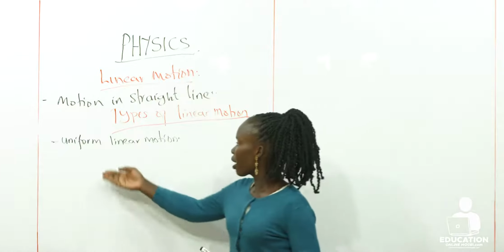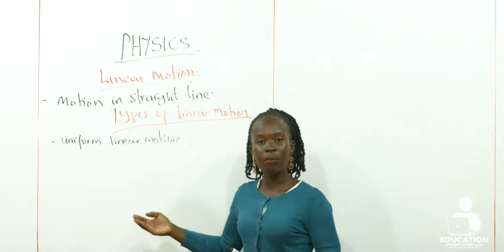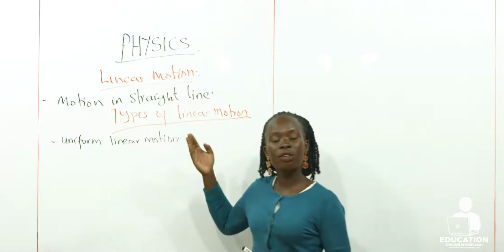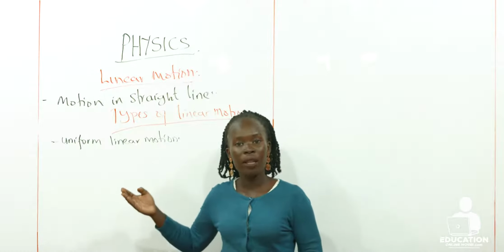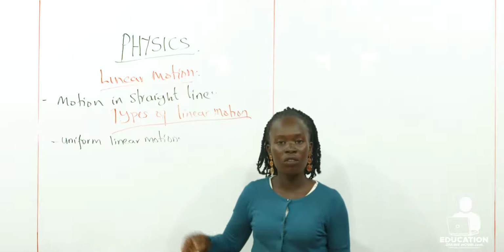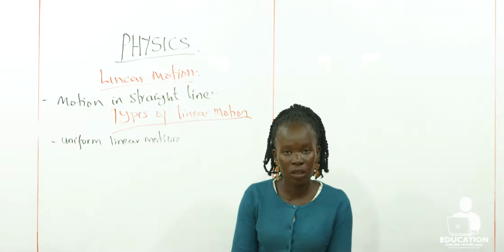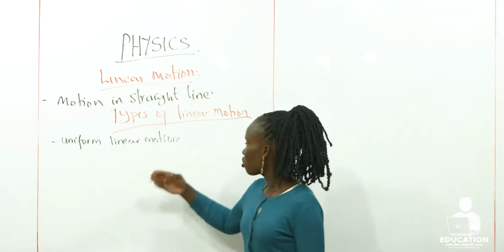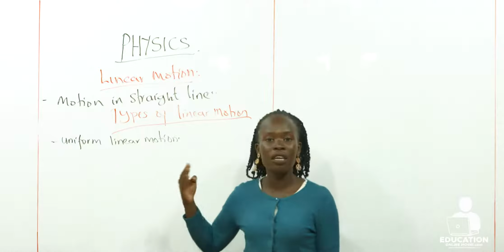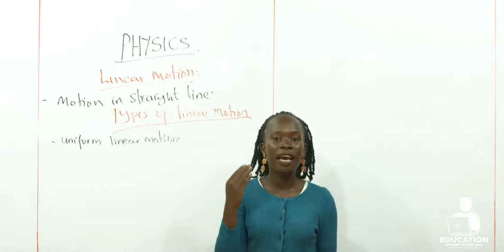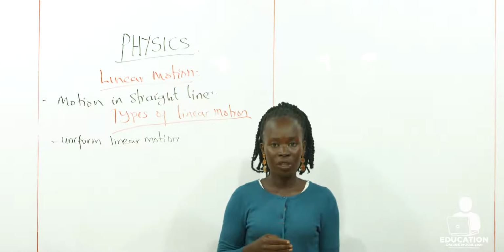When do we acquire this uniform linear motion? We acquire uniform linear motion when the body is moving at a constant velocity. So if it is constant velocity, that means that it is having zero acceleration.